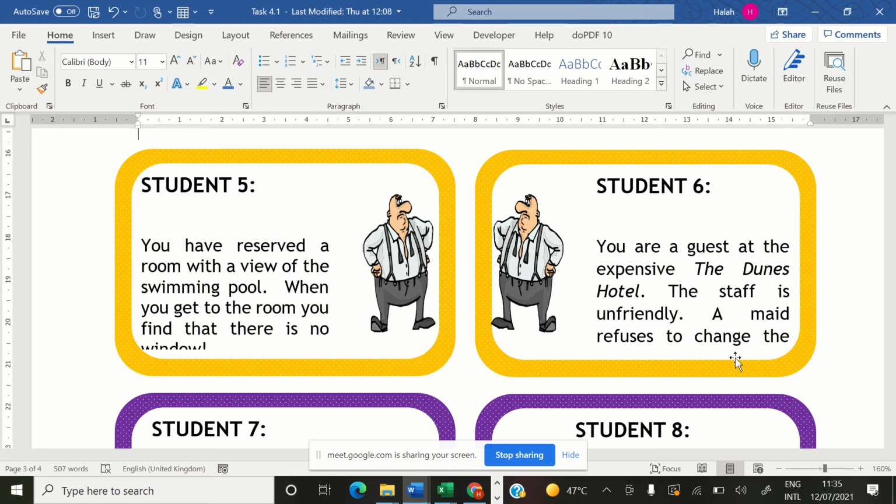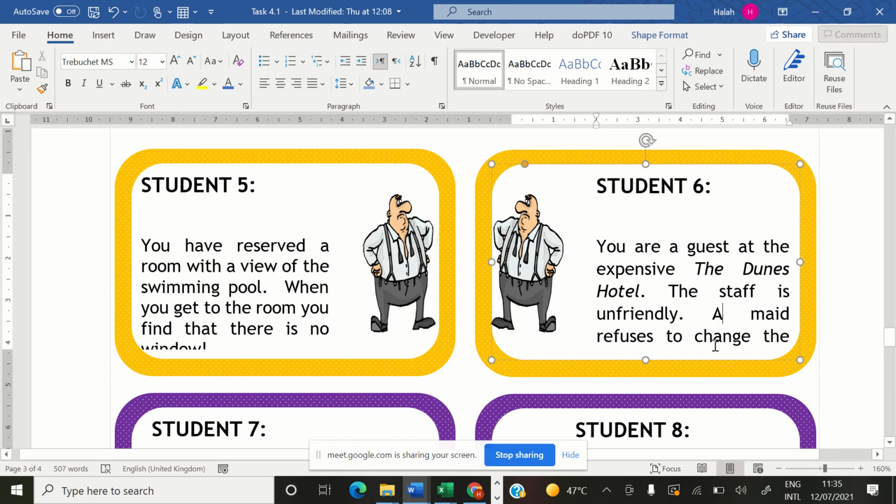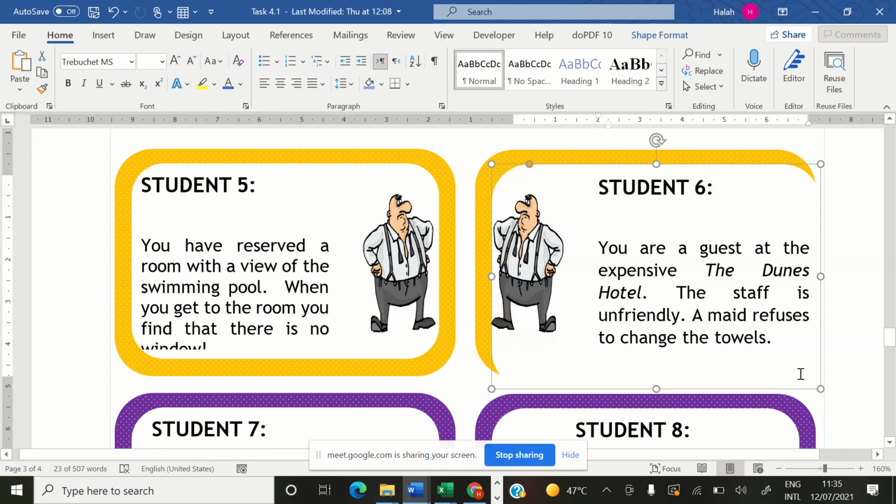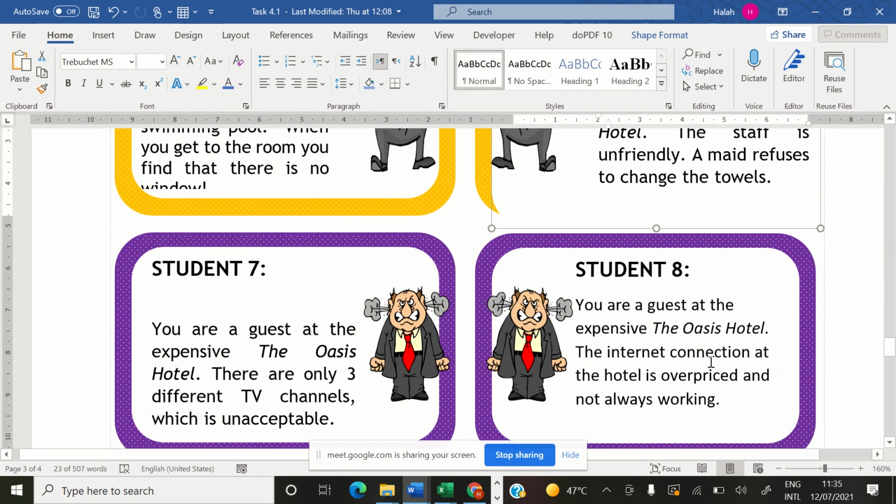A maid refused to change the towels. So this is an example. You asked to change the towel, but the maid refused to change it.